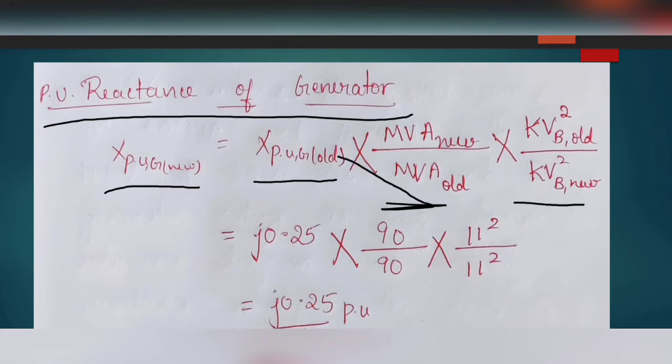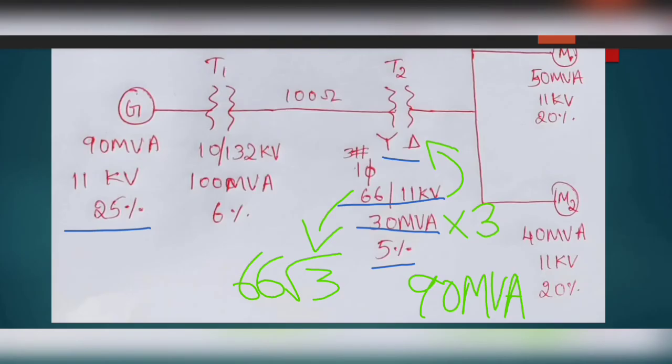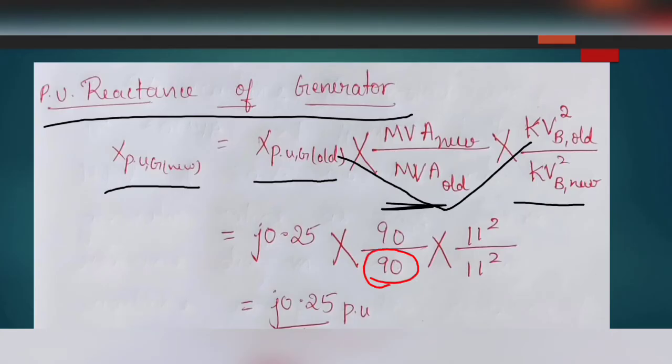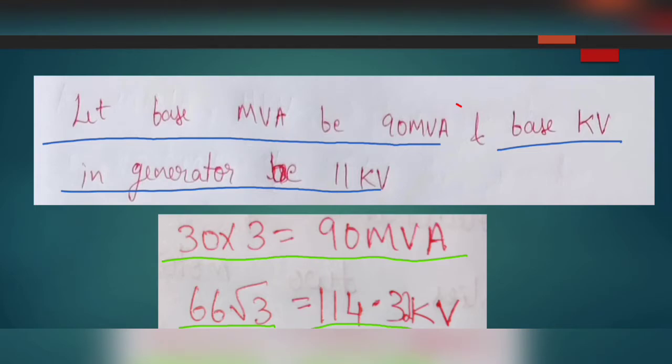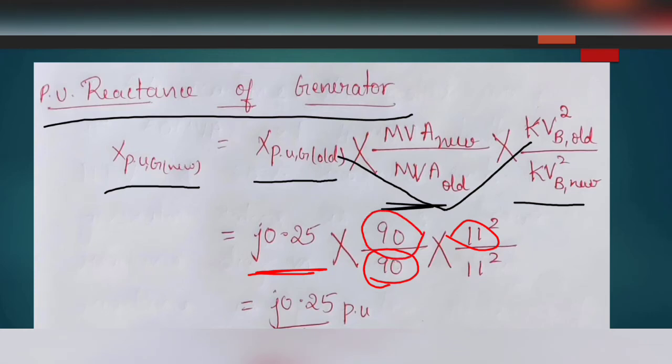Old values for generator are 90 MVA, 11 kilovolt and 25%, which is j0.25. The new values are 90 MVA for the whole system and 11 kilovolt. So the answer will be j0.25 PU.